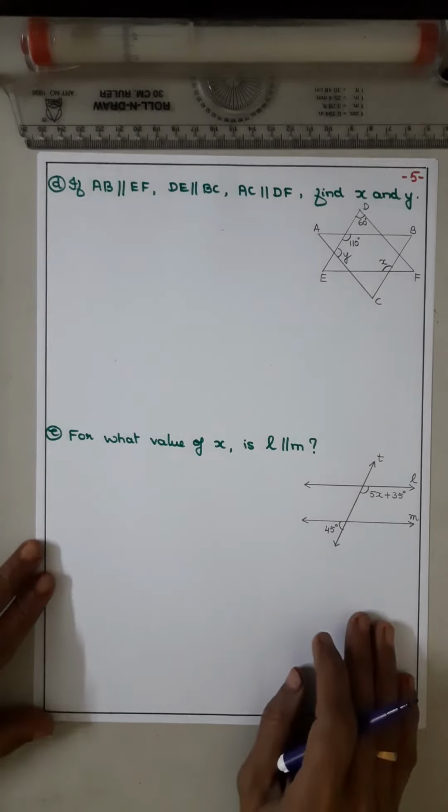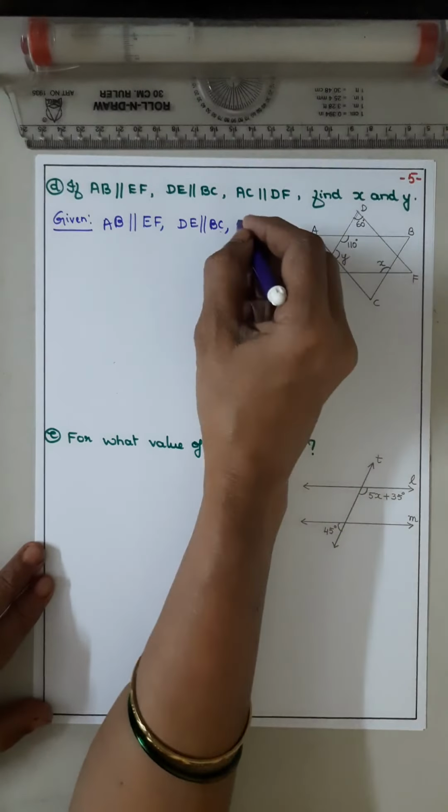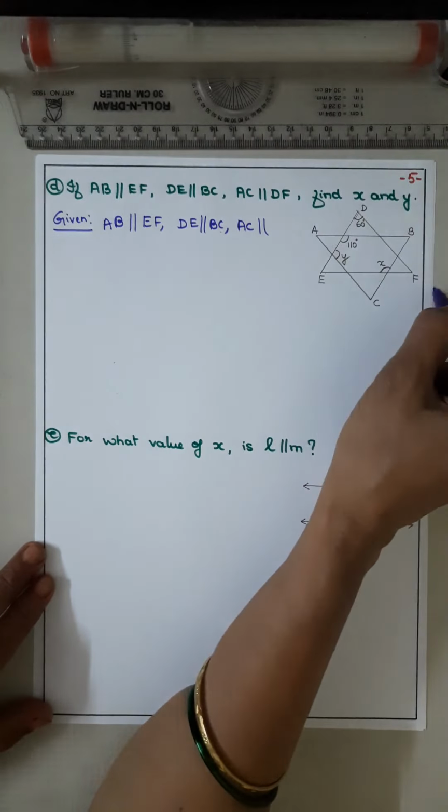Given AB parallel to EF, DE parallel to BC, and AC parallel to BF.